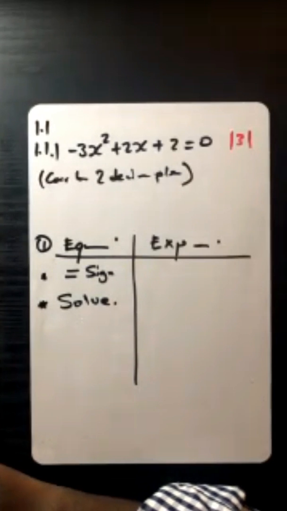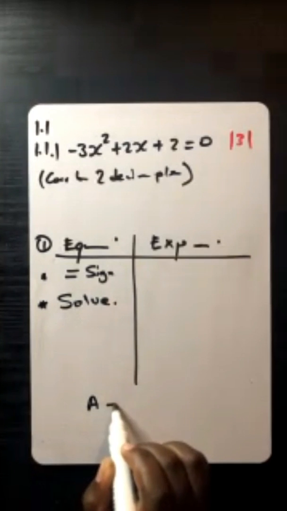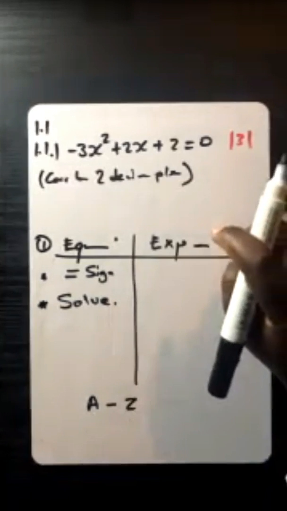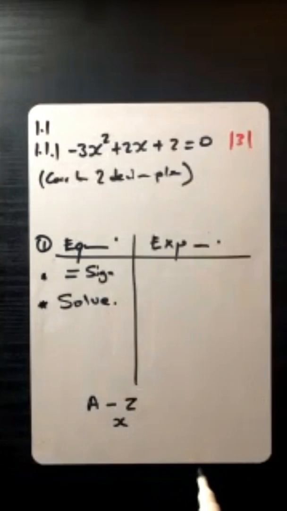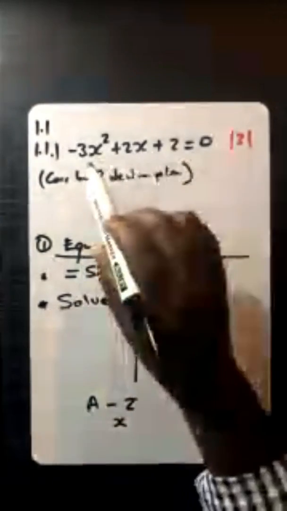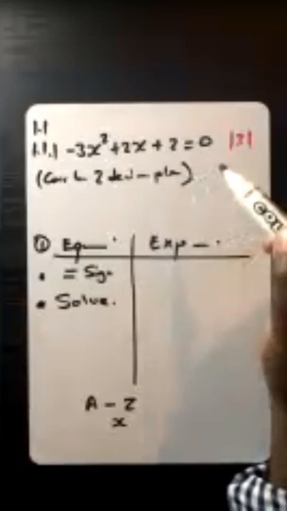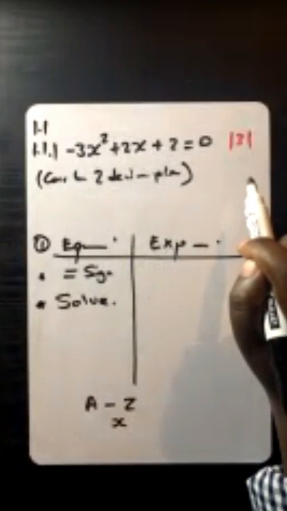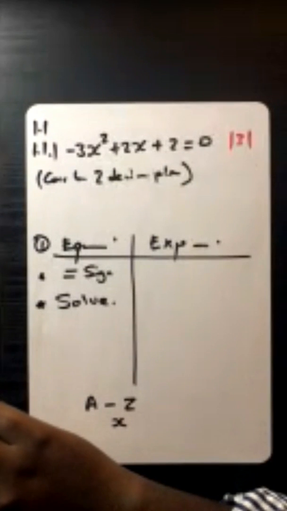The unknown is a letter, which could be any letter from A all the way up to Z. But normally in mathematics, they like using letter X, which means we could have had A over there, or B, C, D, E, F, G, any letter all the way up to Z. But in this case, they chose to use letter X. So that means for this problem, our unknown is letter X.